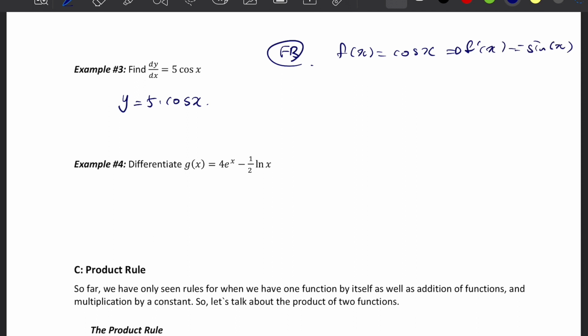So dy over dx is the same as 5 times minus sine x, which is minus 5 times sine x.